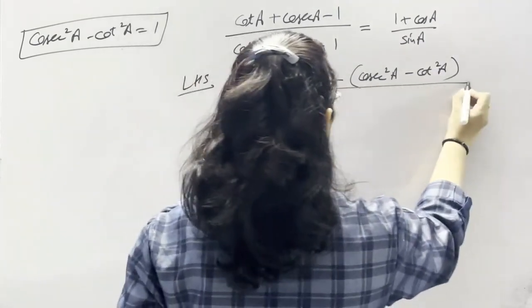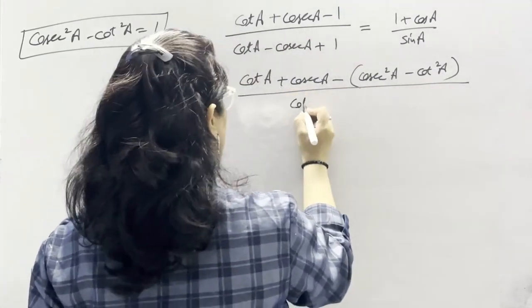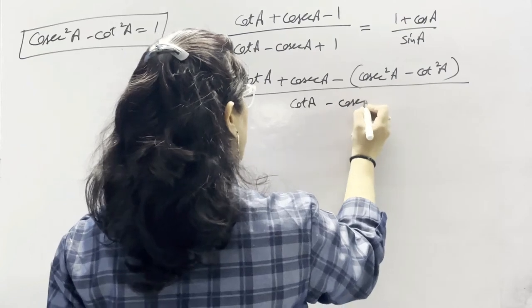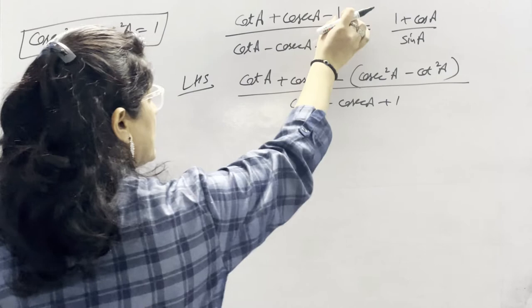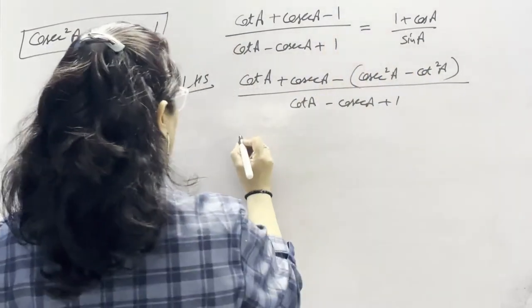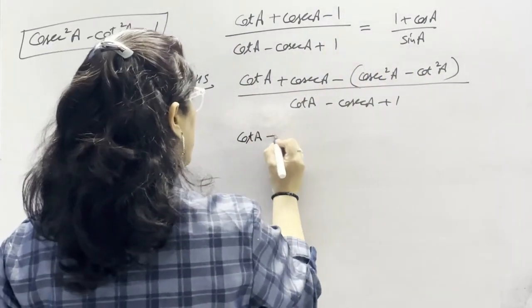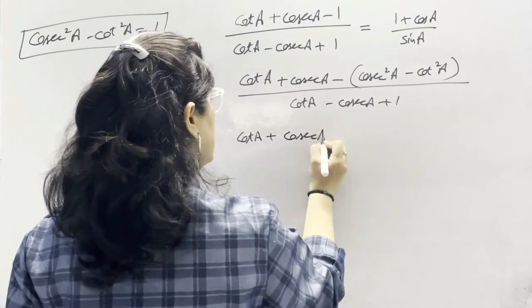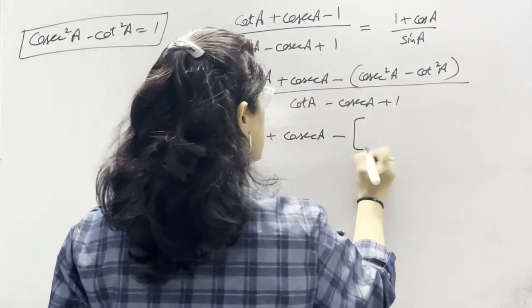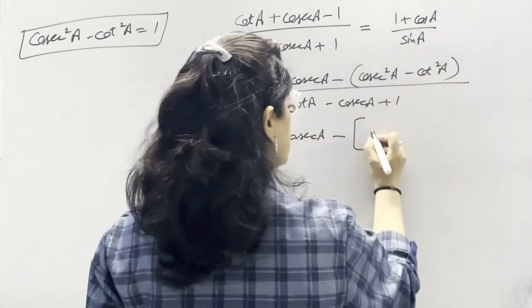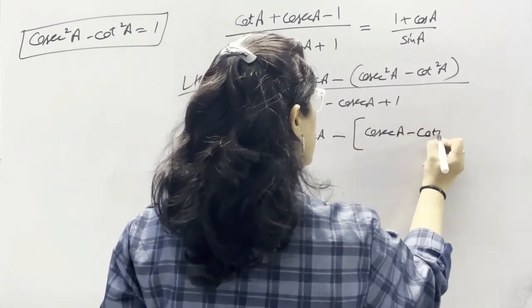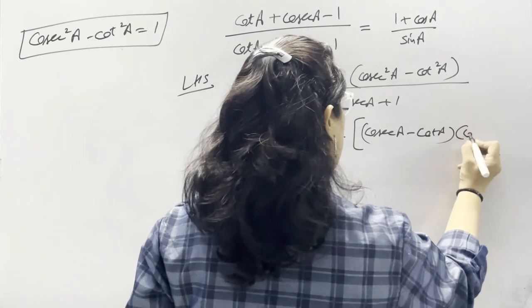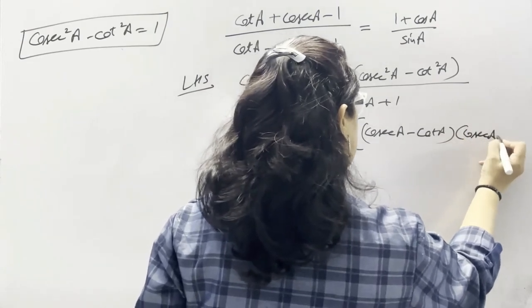So instead of 1 we are writing cosec square a minus cot square a. In the denominator we need not change anything, so as it is, cot a minus cosec a plus 1. Now cot a plus cosec a minus 1 is a square minus b square, so a minus b and a plus b.